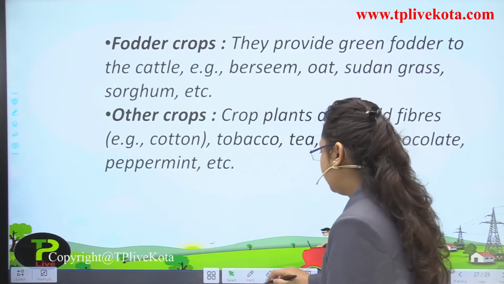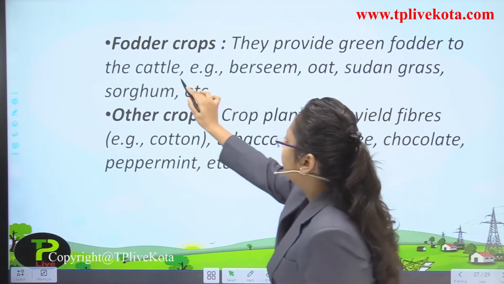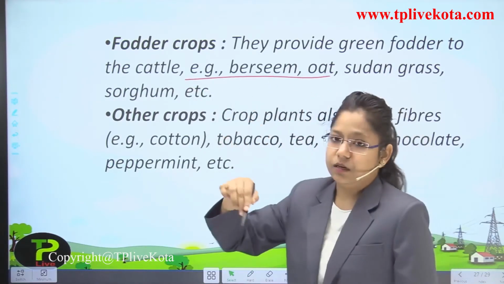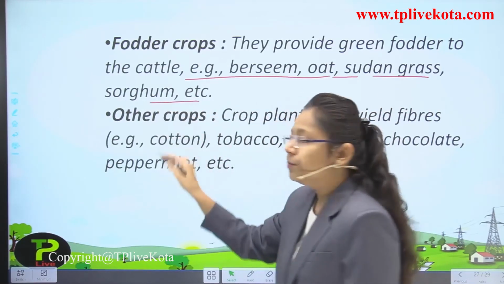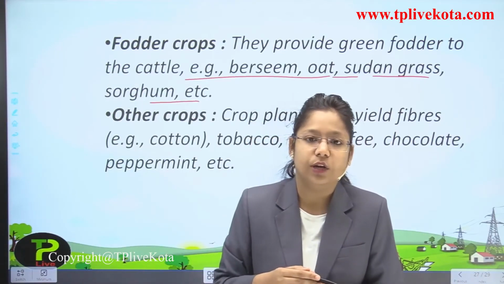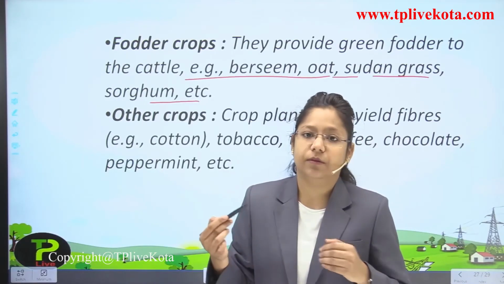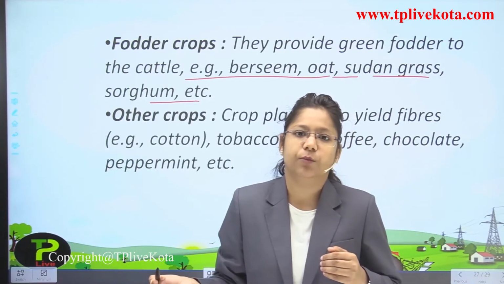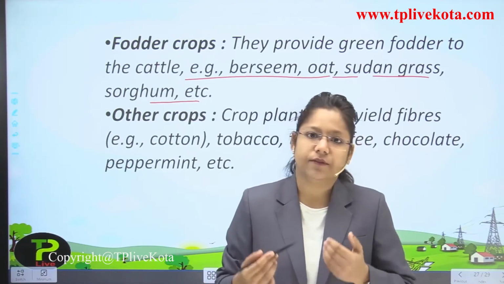We can see examples over here, like green fodder for cattle, which can be maintained by berseem, oat, Sudan grass and sorghum. The cows, buffaloes and goats are supplied by this food only, so their body can function properly and meet the daily requirements and develop the potential to do work in the fields.